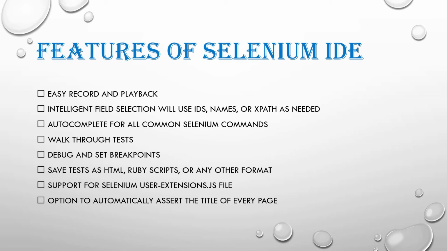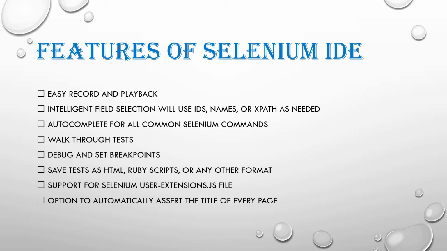Like if you want to debug your script, you can set a breakpoint in between the script, so automatically your script will run to that breakpoint only. You can save your test in different formats, like default format is HTML, or you can save your script in Ruby format or Java format or any other format that's supported by Selenium.